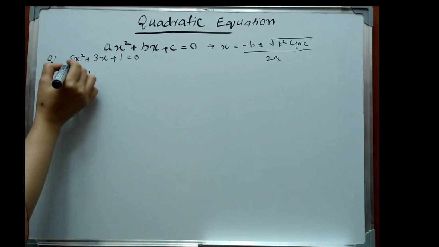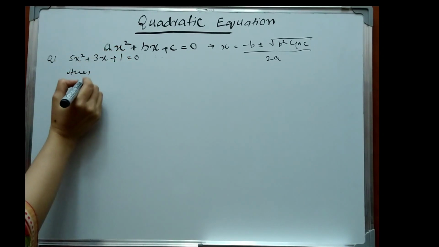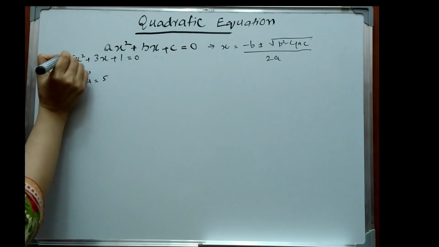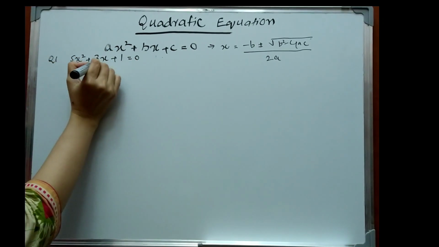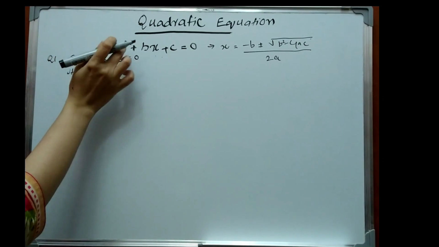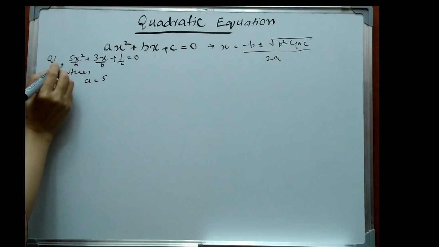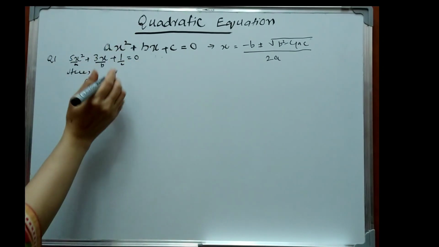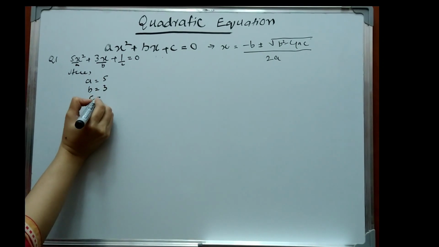The coefficient of x square here is 5, so a equals 5. This whole value is a, this is b, and this is c. Comparing the coefficients, a equals 5, b equals 3, and c equals 1.